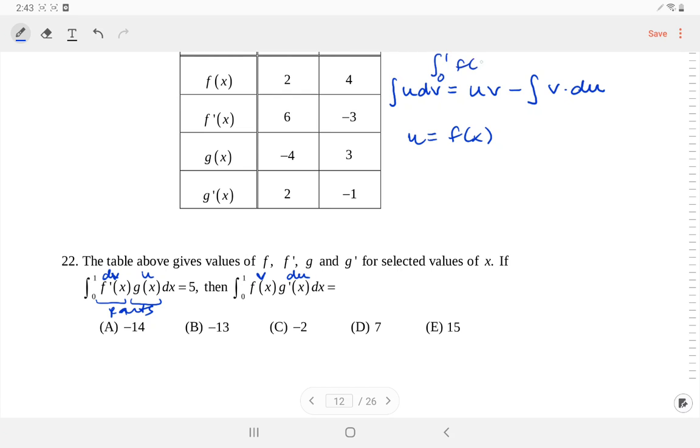So 0 to 1 f of x g prime of x dx. Okay, so I think what I'm going to do is change that. Okay, and I think I'm going to make this one my u and this one my dv. So let's see how it works. So u, and then du would be f prime of x dx. And then if dv is the rest, right, this was u. So dv is the rest, g prime of x dx.